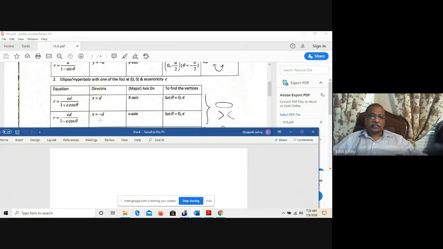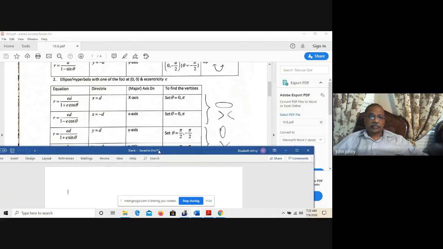In this case, the directrix is x is equal to negative D. You know, there are two directrices for the ellipse and hyperbola. So when you set theta is equal to 0 or pi, you can find the vertices.